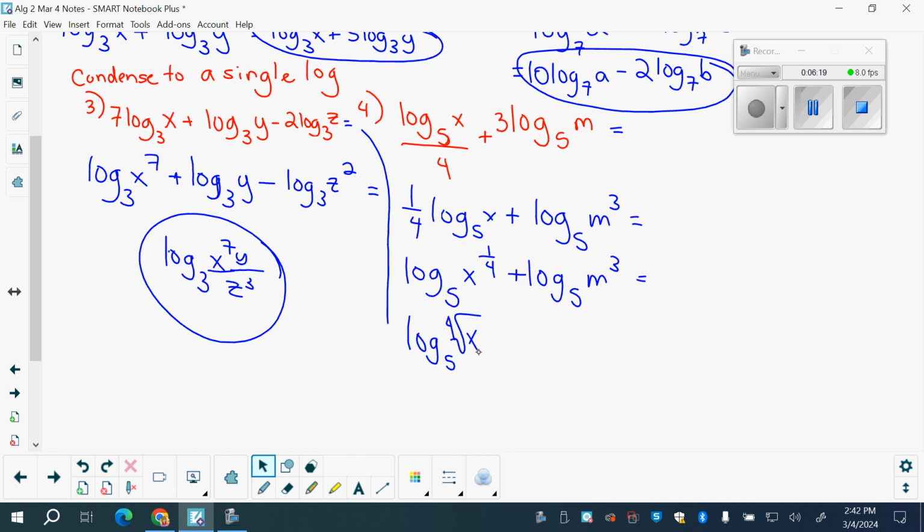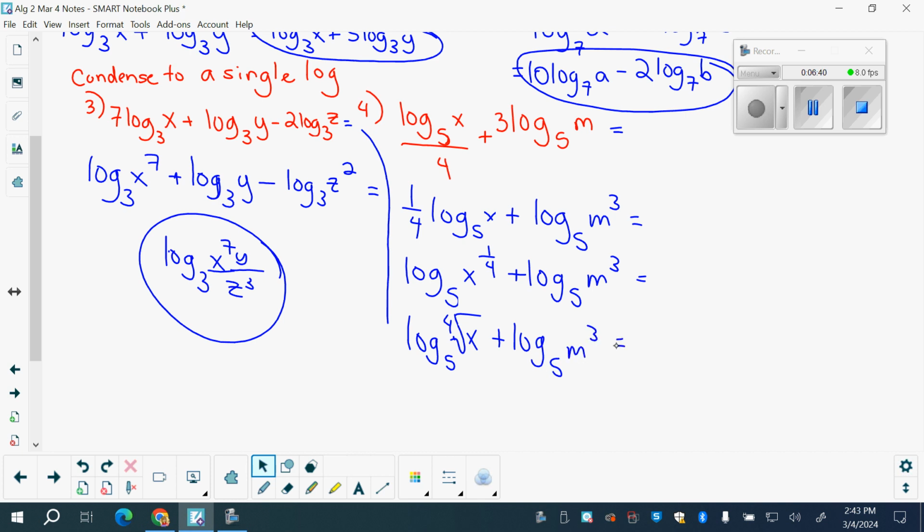So remember, this denominator 4 is your index of your radical, and the number 1 is your exponent. So we don't need to put the 1 there because it doesn't change it. And then it's plus log base 5 of m to the third.